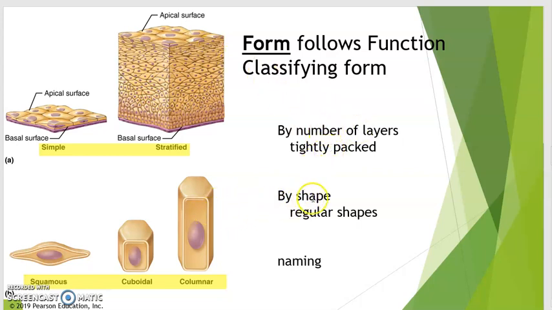You can also look at the shape of the cells that are very regularly shaped in epithelial tissue. Squamous cells are flat, great for diffusion and getting gases into lung tissue. You can remember that word squamous because you think of squished cells. Cuboidal cells would be great for kidneys that have a lot of secretory function, and the cuboidal cells can hold a lot of liquid.